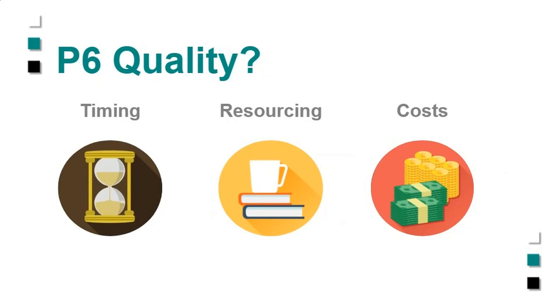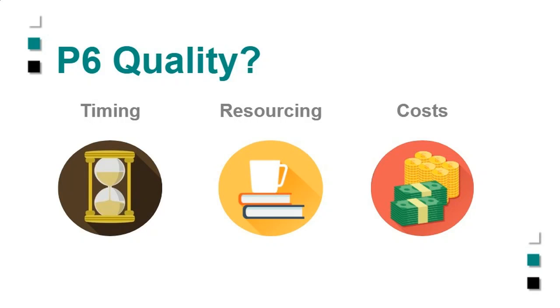So when you're looking at a quality schedule, what types of things might you want to be looking at? To different organizations, this can mean different things. To some, it means finishing your project on time. For others, it means, how are we going to manage our resources best?